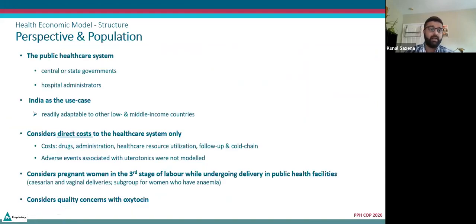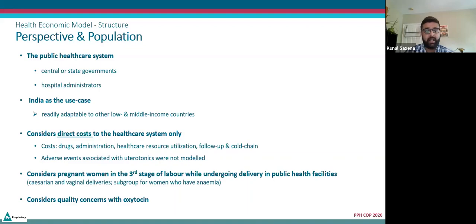Next slide, please. Now looking at the perspective and population for this analysis. So we analyzed the cost effectiveness from a public healthcare system perspective, in this case, the Indian healthcare system. So we are looking at the data from a central or state government's perspective, as well as hospital administrators' perspective.